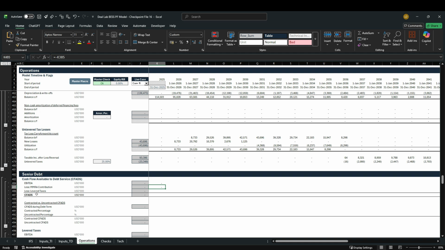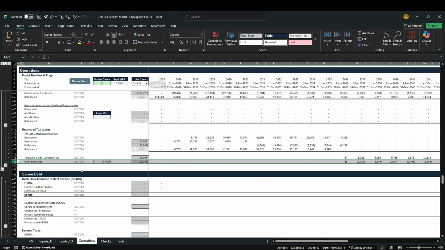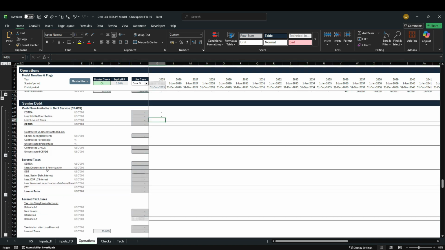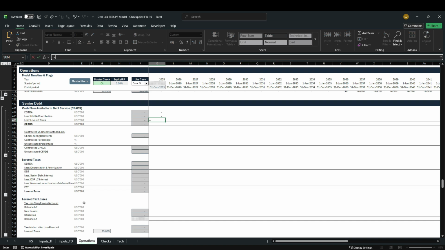And then lastly, we will have to subtract our levered taxes. And in the previous lesson, if you recall, we modeled our unlevered taxes, meaning taxes before any financing. And our levered taxes we will model in the next session further down here, which means for now we just do a simple linkage to our levered taxes in row 504.